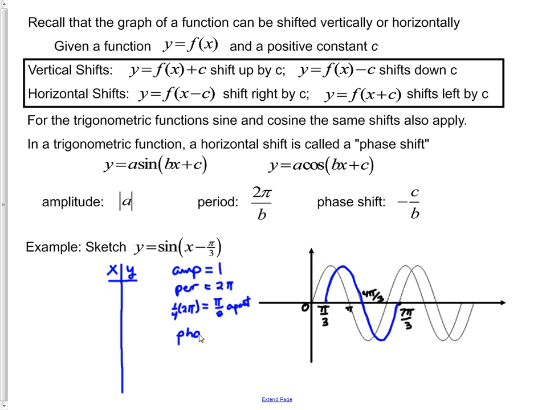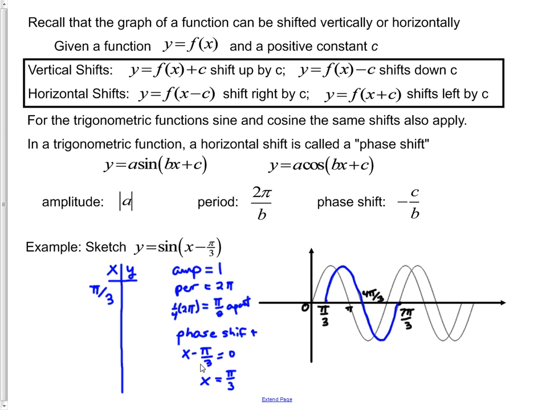The way I always figure out my phase shift is that I take my argument and set it equal to 0. So where does x minus pi over 3 equal 0? Clearly in this case, at the point x equals pi over 3.